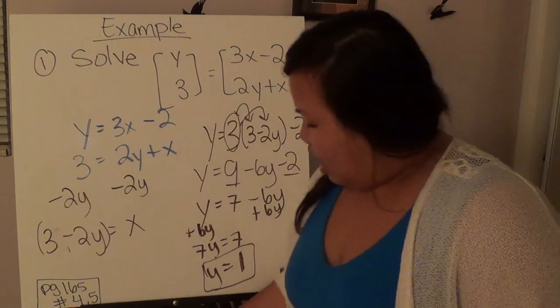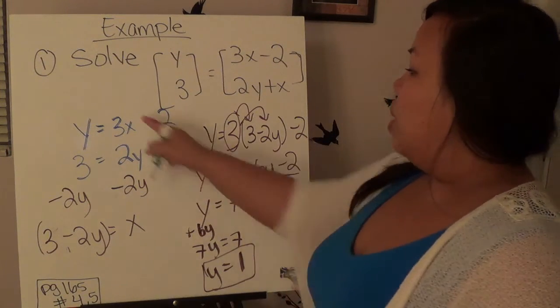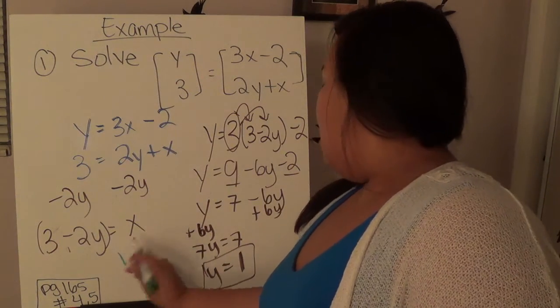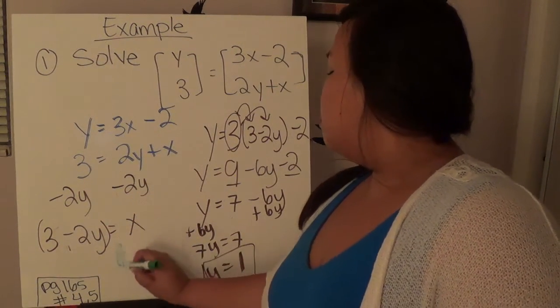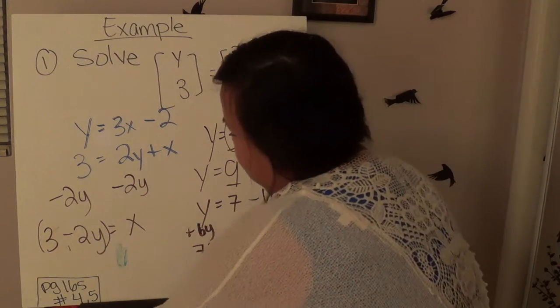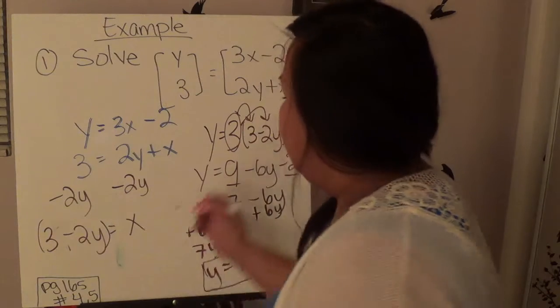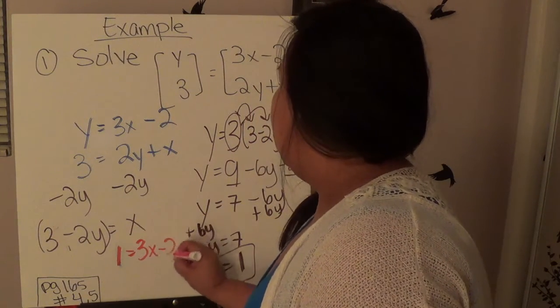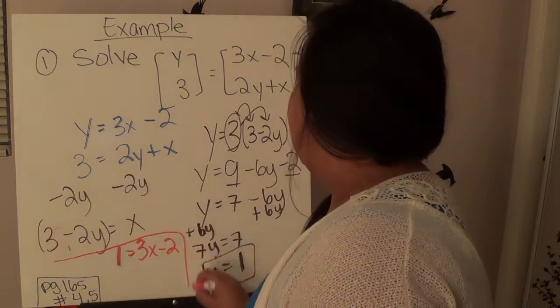Okay? And remember, once I have that, I can just plug it into either one of my equations. I can plug it into this one. y is 1. I'm going to use another color. Okay, 1 equals 3x minus 2. Sorry, I just want you to see.